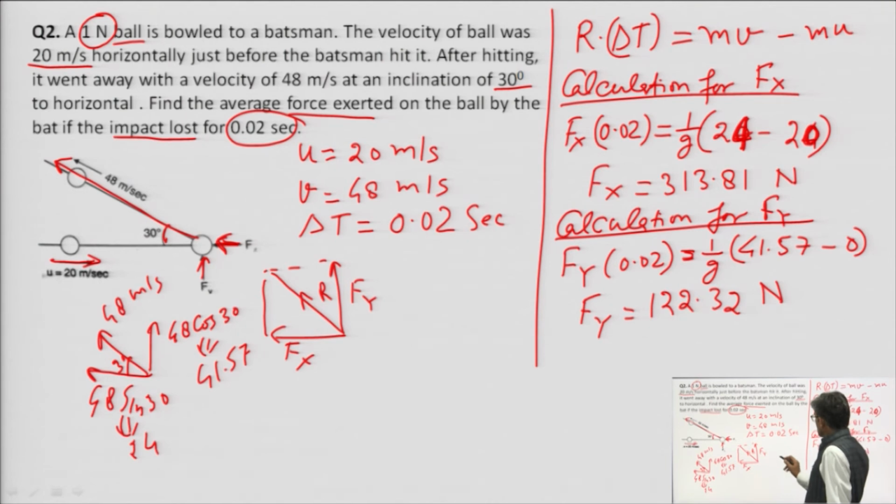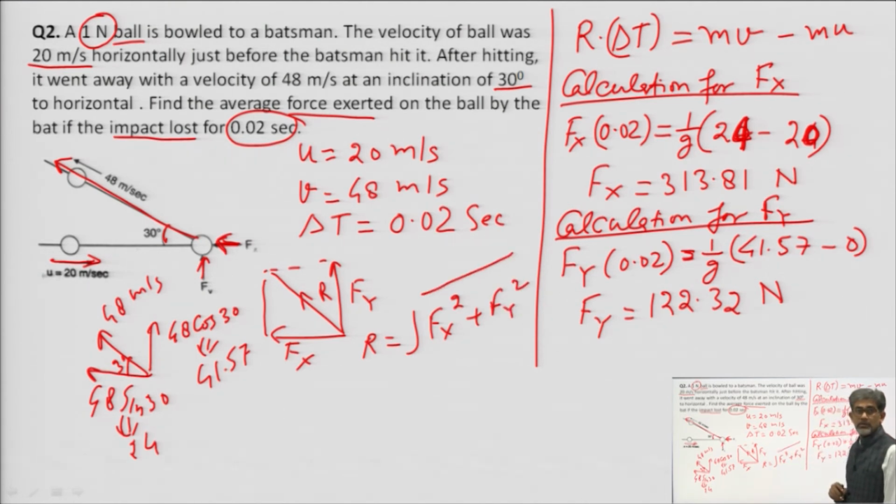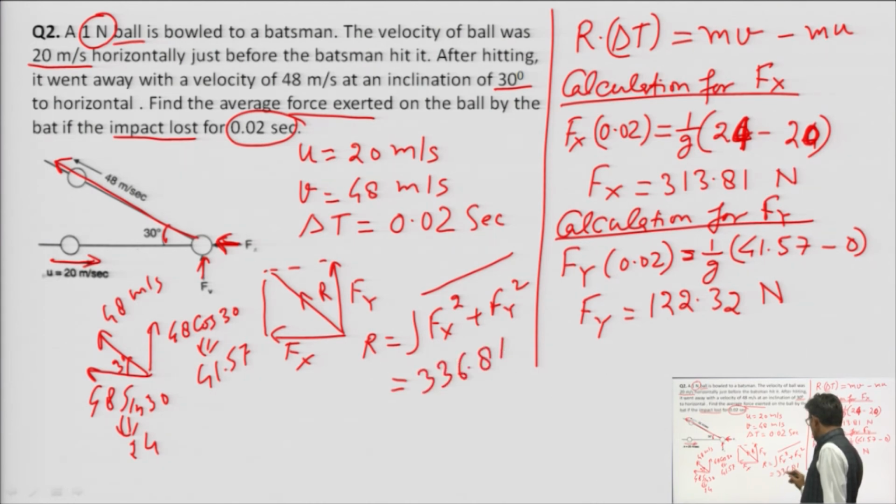So, the resultant R can be calculated. The value of R will be the square root of F x square plus F y square. Let me check. Its value is 336.81.